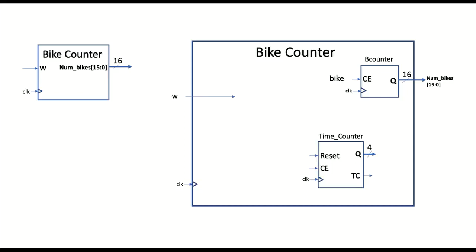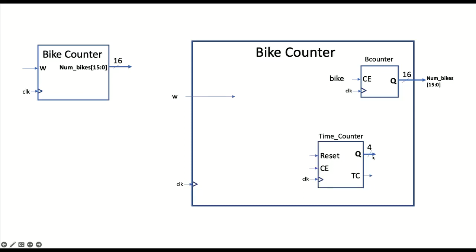Okay. All right. So the state machine is going to watch the wheel, but it's going to want to be able to count how many clock cycles occur between the two wheels, right? In order to do that, it's going to have its own private counter. We'll call this time counter. And this one only needs to count up to 15. So we can start at 0.